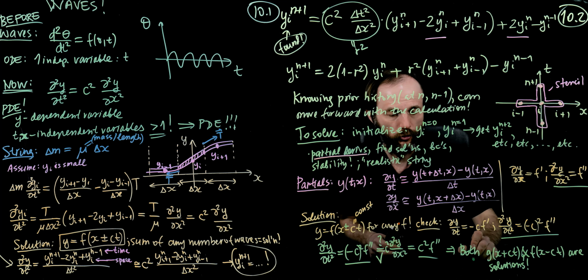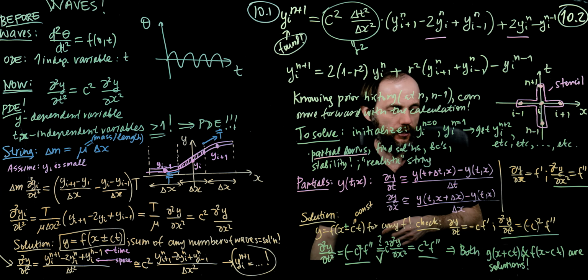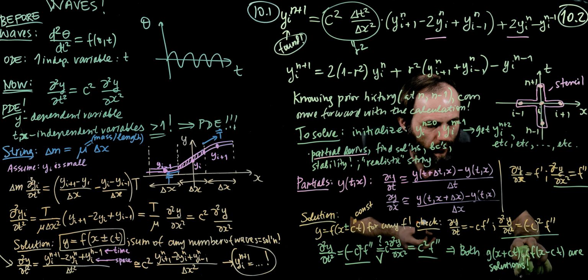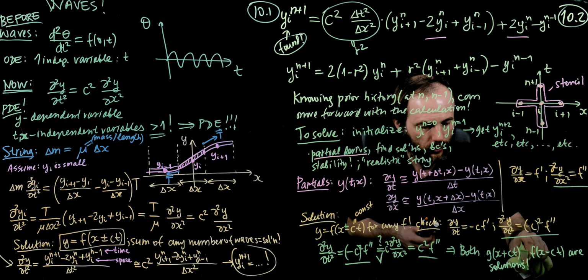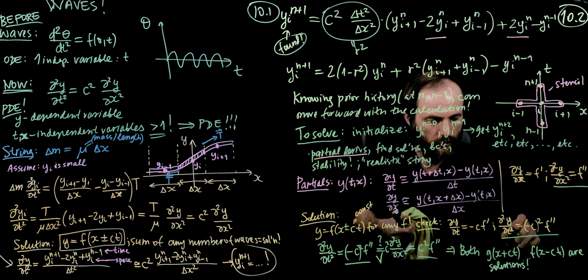So any solution which is going to be any expression that is going to be the sum of these two functions will be also a solution, because it's a linear equation.